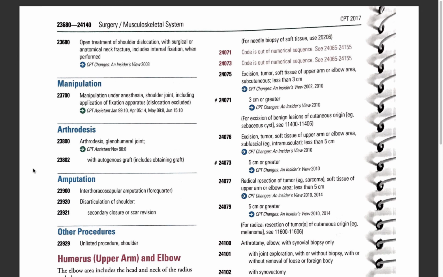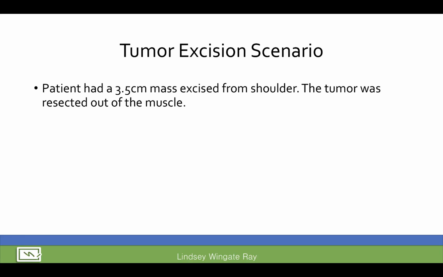Indented underneath it is 24071 for 3 centimeters or greater. If it was intramuscular or subfascial, you would code 24076 for less than 5 centimeters and 24073 for greater than 5 centimeters.